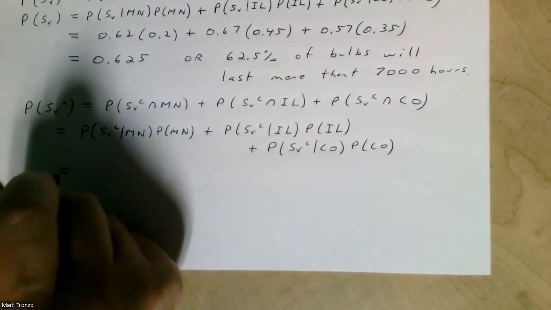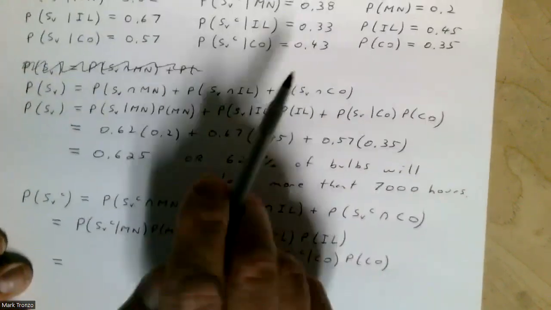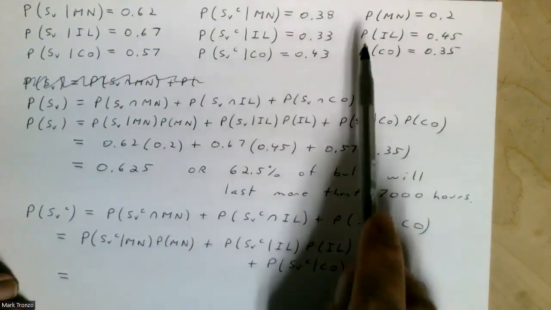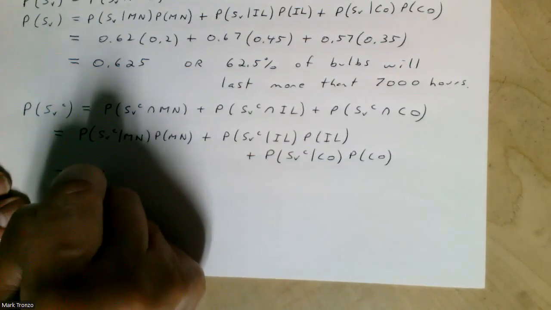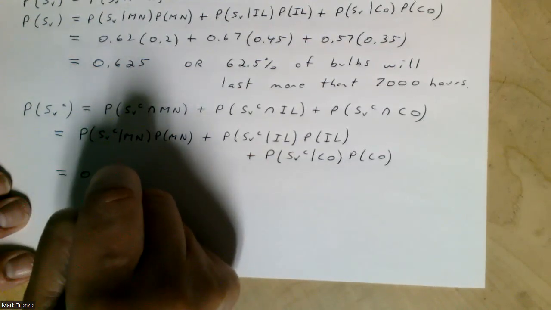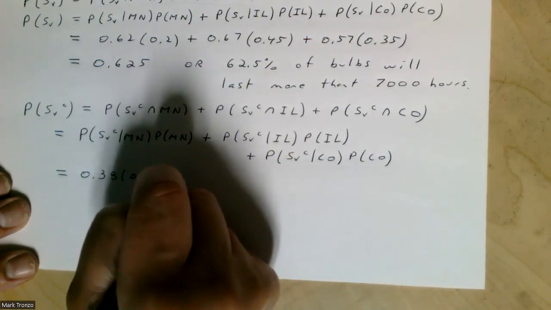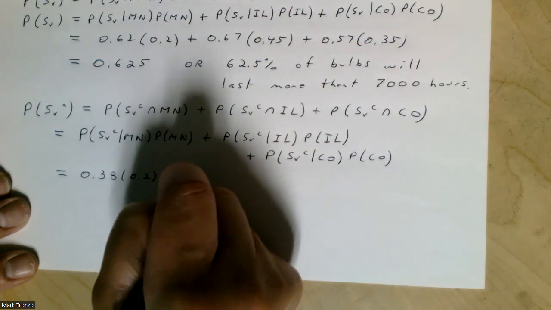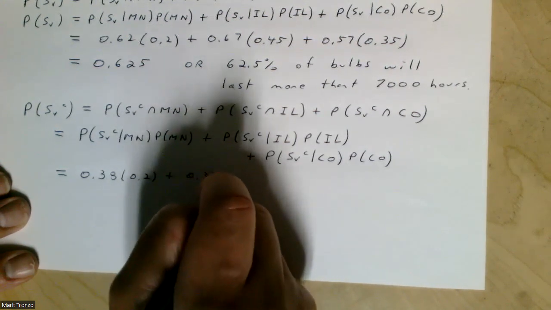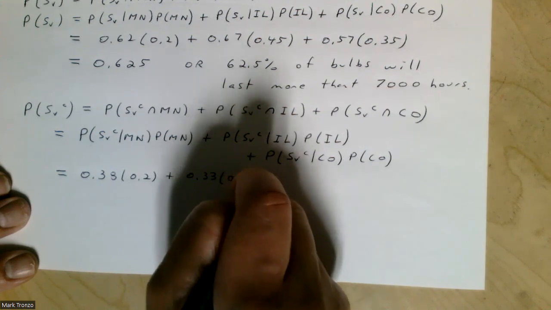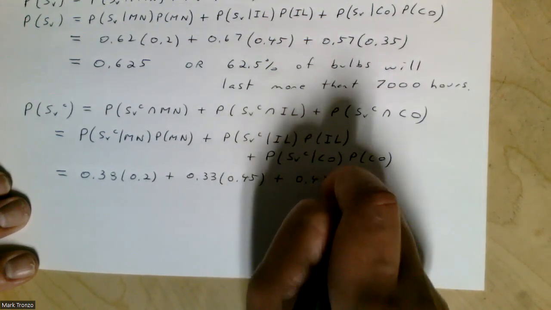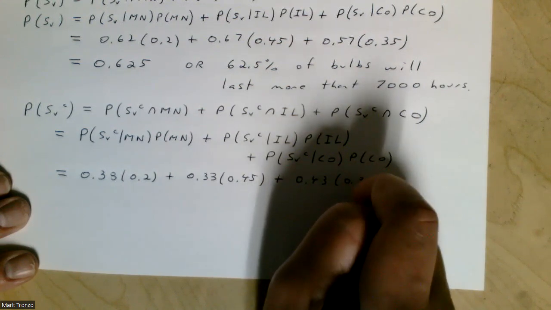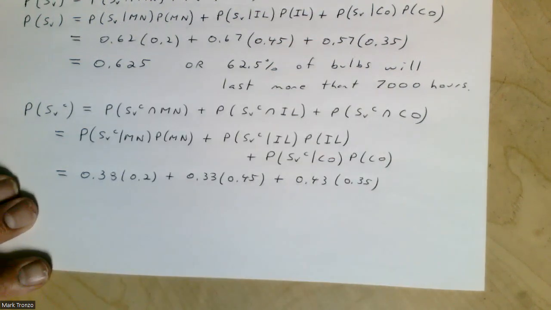And so if we plug our information in, we have 0.38 times 0.2 plus 0.33 times 0.45 plus 0.43 times 0.35.